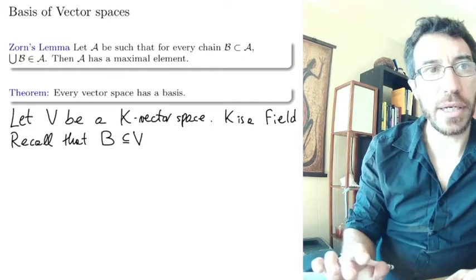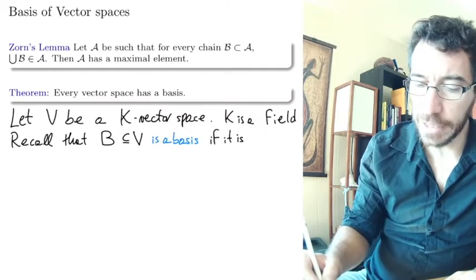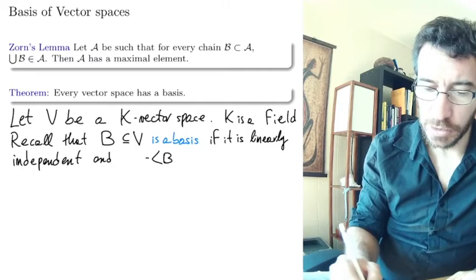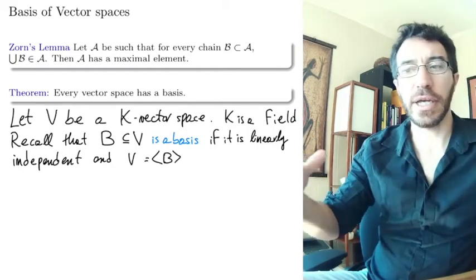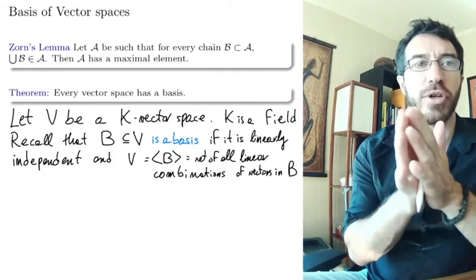A subset B of V is a basis if it is linearly independent and the span of B is the whole thing. The span is everything you can get by a linear combination of elements of B. Okay, so a basis was that.